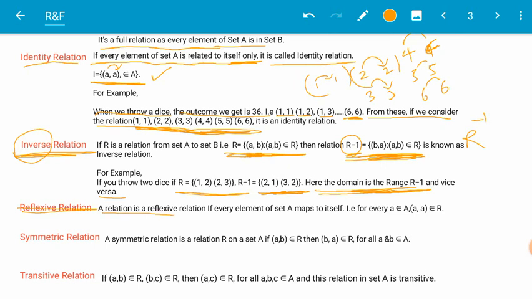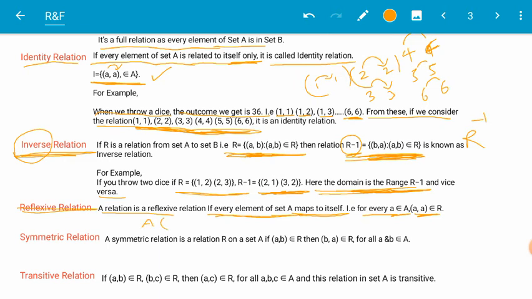Next, reflexive. A relation is reflexive if every element of set A maps to itself. It is quite similar to the identity relation. (A, A) belongs to R for every A belonging to set A. Suppose we take an example.